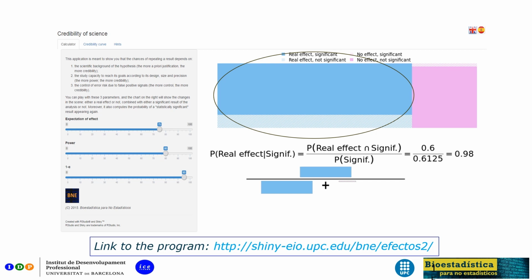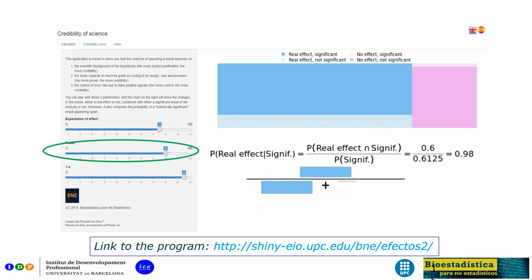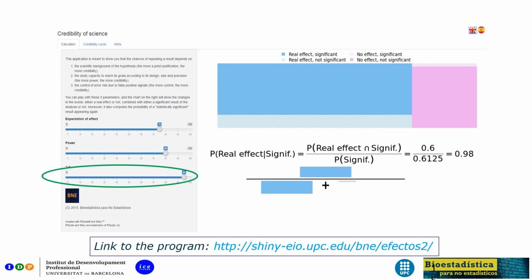The left column in blue indicates real effects, while the one on the right in pink represents those that are false. In this example, we put high values for support and power, and we keep alpha to the traditional 5%. As the expectation of the effect is high, 75%, the left column is 3 times thicker.